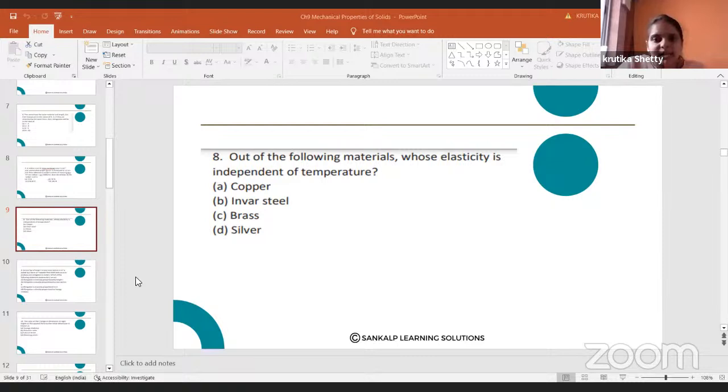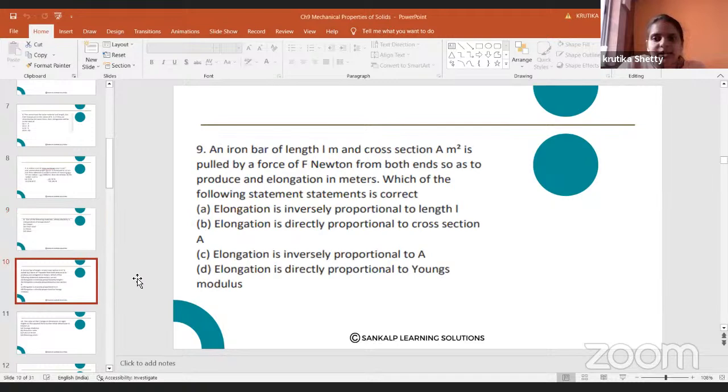So again it is theory. An iron bar of length L and cross-section A is pulled by a force of F Newton from both ends so as to produce an elongation in meters. Which of the following statements is correct?